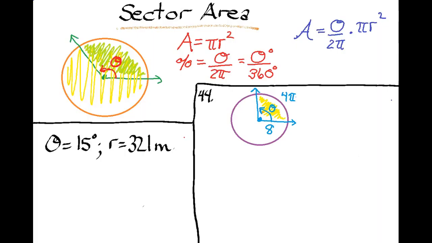The sprinkler head goes in a circular fashion, and it needs to cover an angle of 15 degrees, and it has a radius of 321 meters. So how much area is this sprinkler head covering? How much area is it irrigating? So let's go ahead and calculate our area.